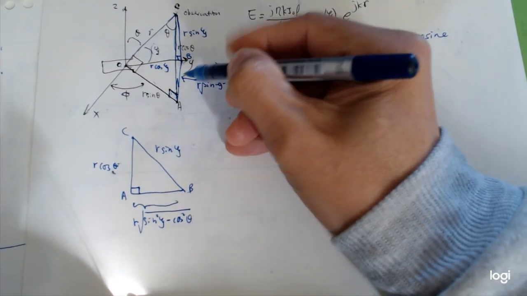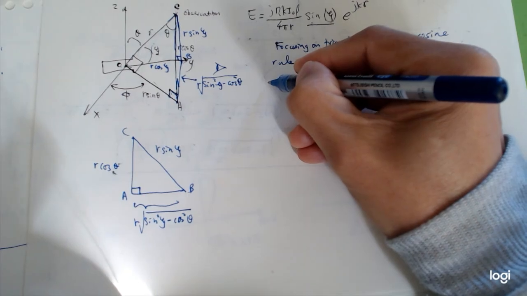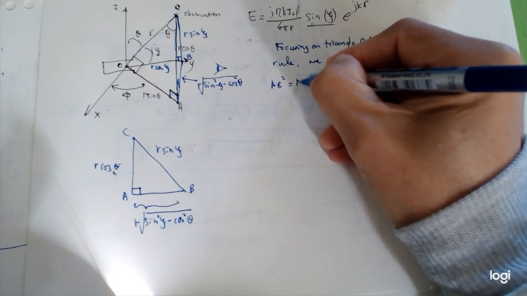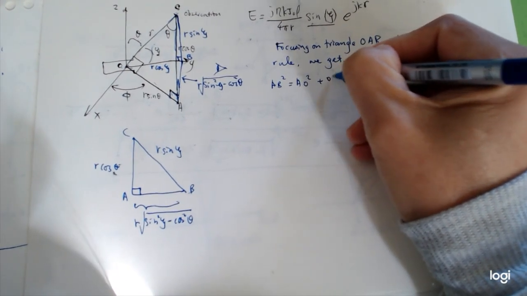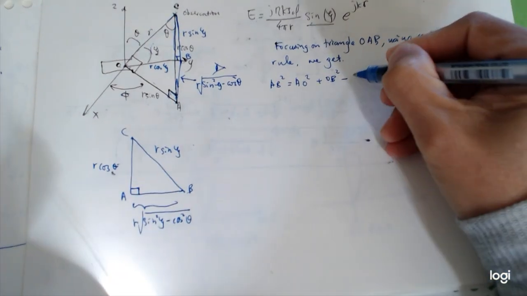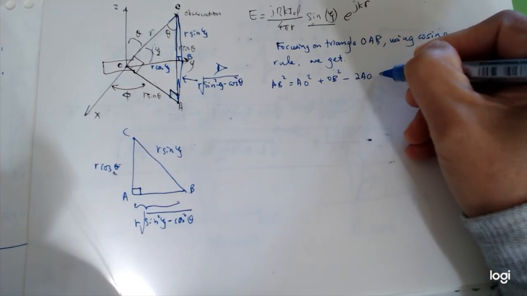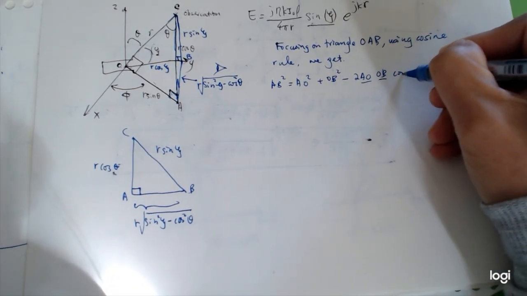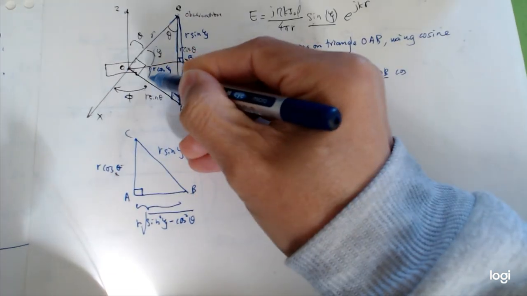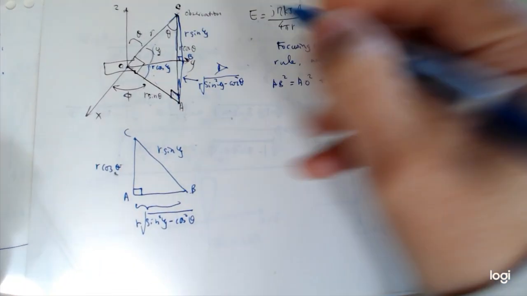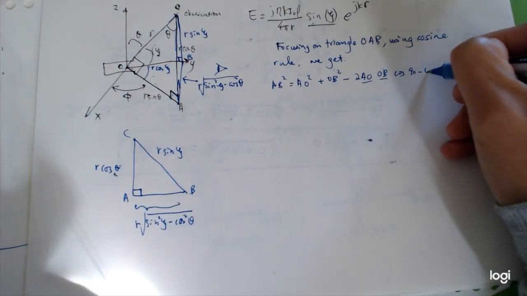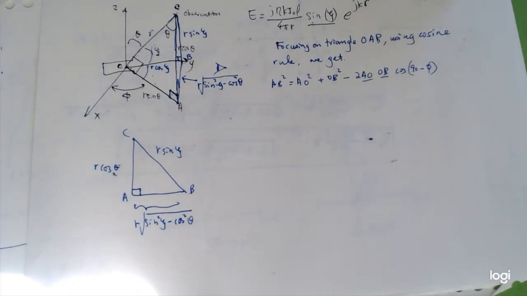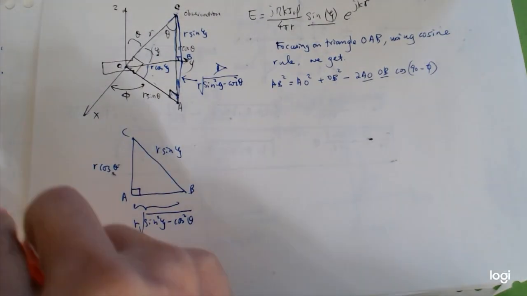the length here squared. So AB squared equals AO squared plus OB squared minus 2 AO OB, and then cosine of this angle. This angle is obviously 90 degrees minus theta. That's where the trick is.